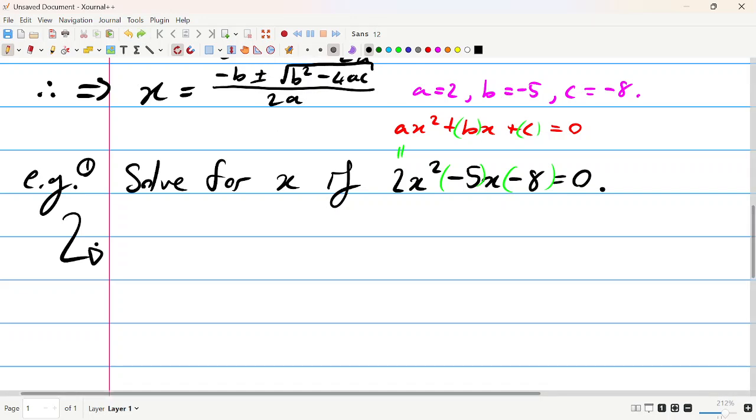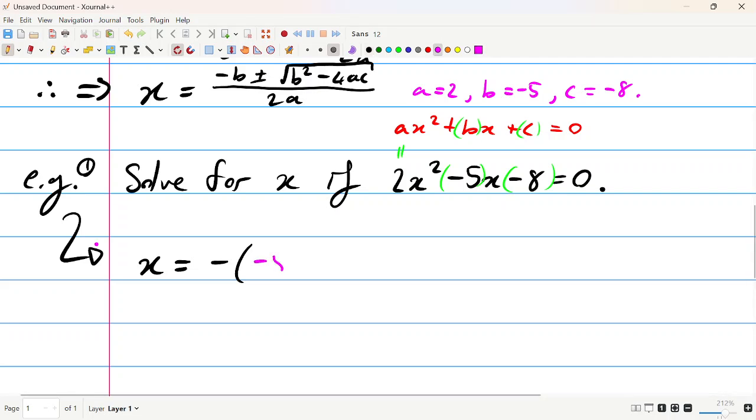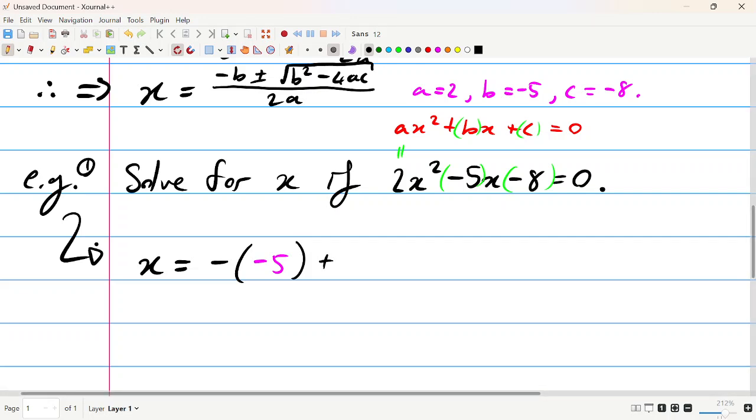So for this one over here, x is just going to be equal to, and I'm going to write this a little bit bigger here, negative b. What is b equal to? It's just negative 5. Okay, plus minus the square root of b squared, which is just going to be negative 5 all squared, minus 4 times a.